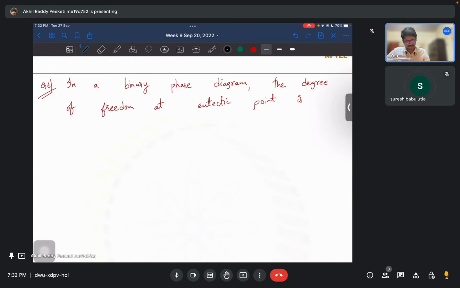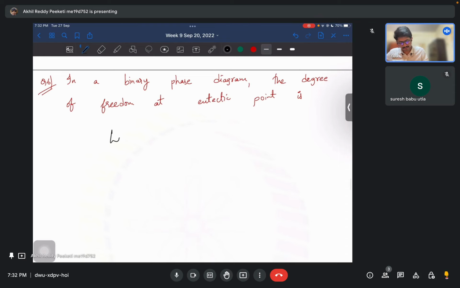Now one new question. In a binary phase diagram, what is the degree of freedom at the eutectic point? So what is the eutectic point? Liquid turning into two solids, right?